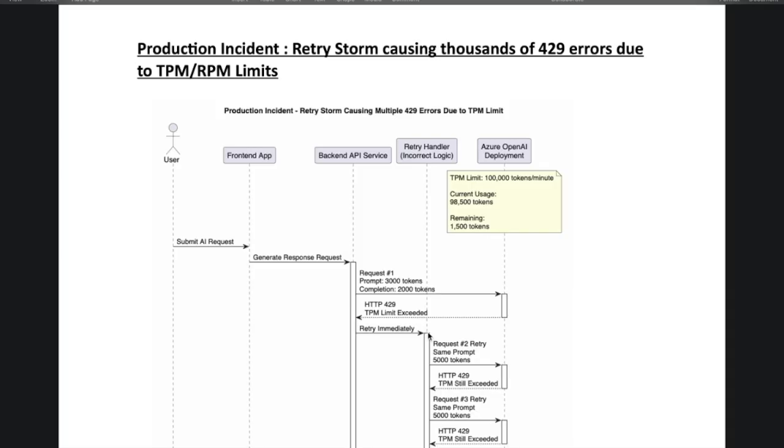The use case is that a user submits an AI request. You have some API service, then a retry handler, and then Azure. I'm taking the example of an Azure OpenAI deployment. There can be any LLM provider here. It can be Claude or Gemini or OpenAI or anything, it's just an LLM provider. What happens?